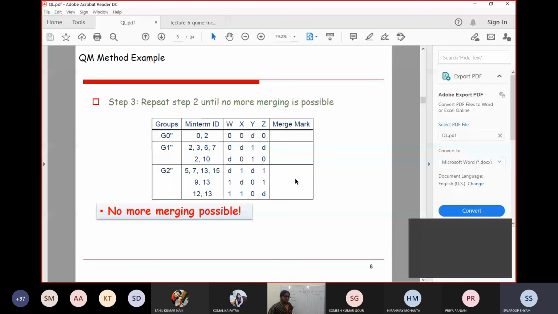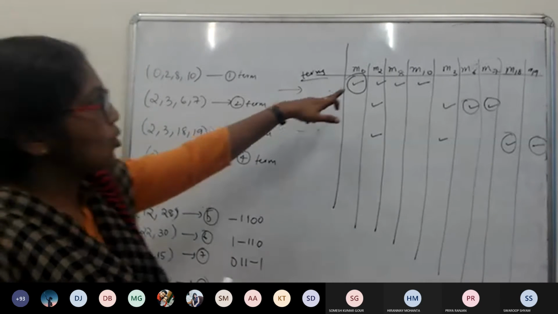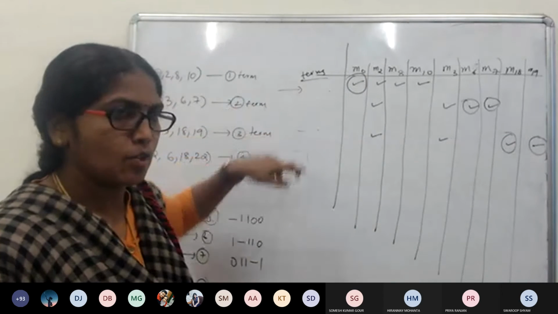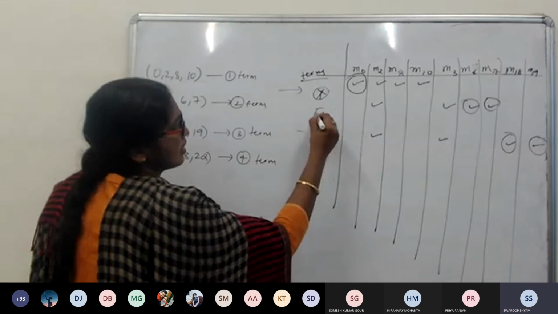Ma'am, the screen is showing the other PDF. Sorry, I'm sorry. Yeah. In this particular example, what I have shown, this particular min term 2 is covered by three terms. The screen is blank.